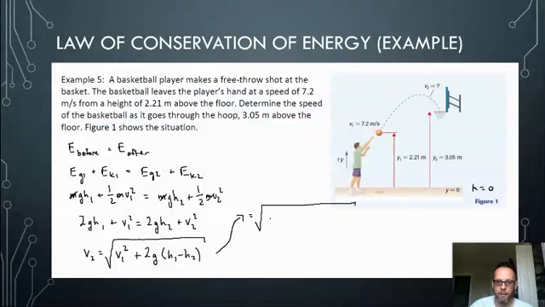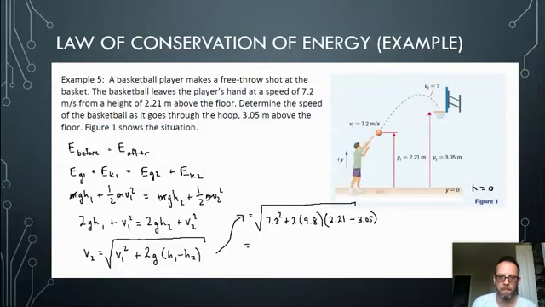And so we have everything we need. Let's figure this out. So 7.2 squared plus 2 times 9.8, and then according to the reference height of 0 we've chosen, h1 is 2.21 meters, and h2 is 3.05 meters. And that's going to give us a negative for that part, which is okay, because we want to actually subtract off to get a smaller speed.